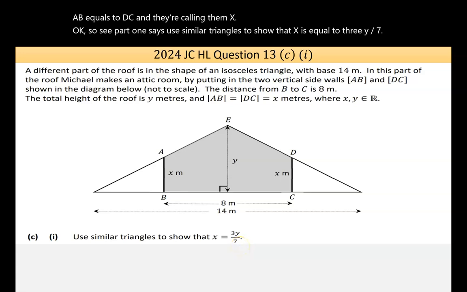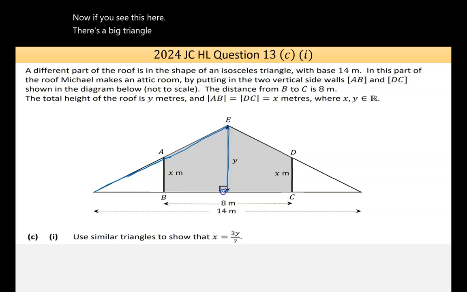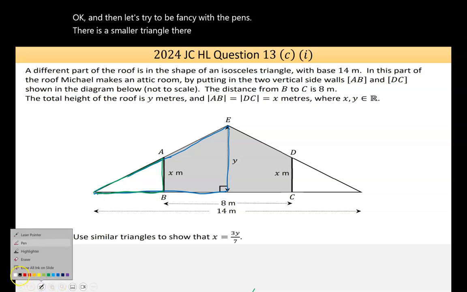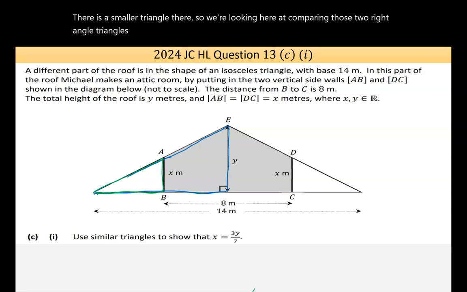Now, if you see this here, there's a big triangle here, and then there's a smaller triangle there. So we're looking here at comparing those two right angle triangles.